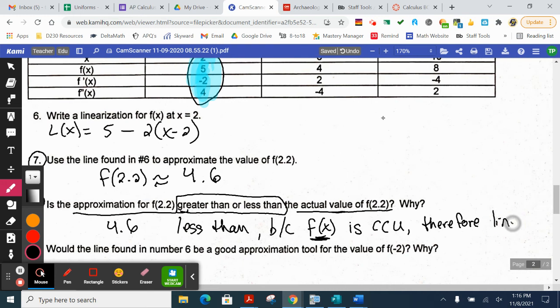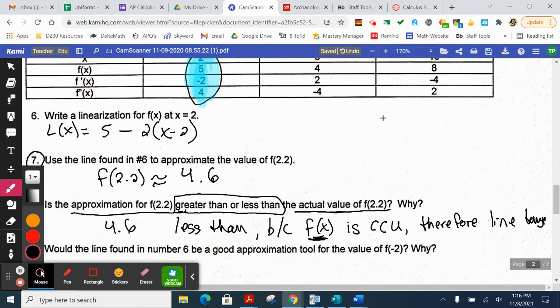Therefore, that line tangent lies under the curve. All right. So we don't have to explain why we know it's concave up. We just write that it's concave up. Yeah, that's a good question. We probably do want to say that the second derivative is a positive 4.